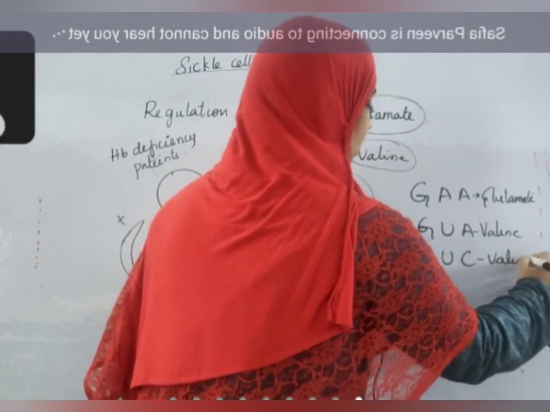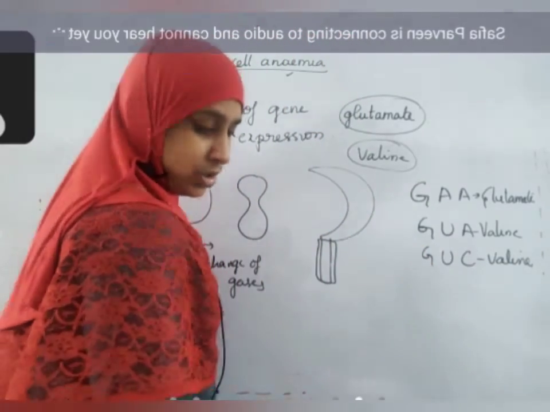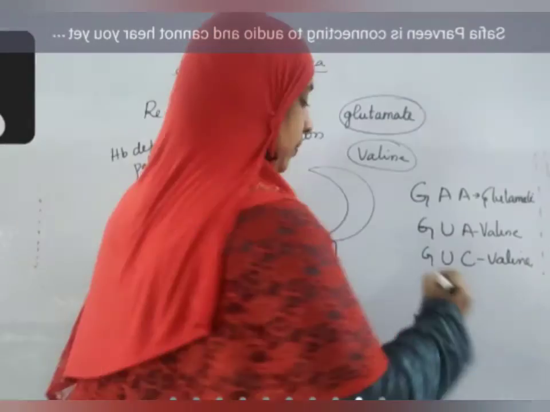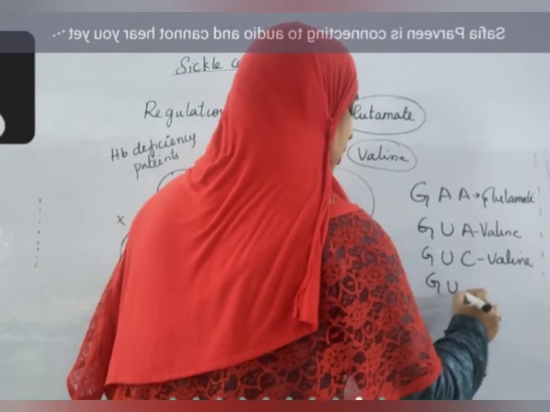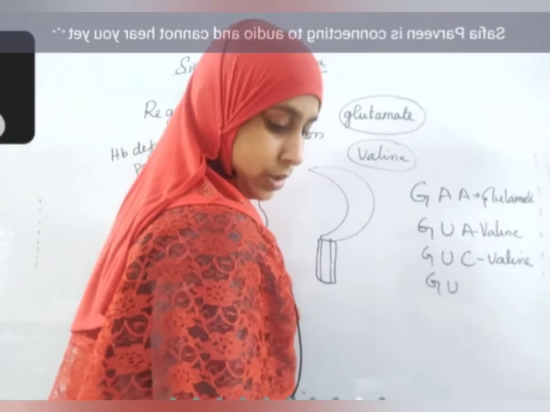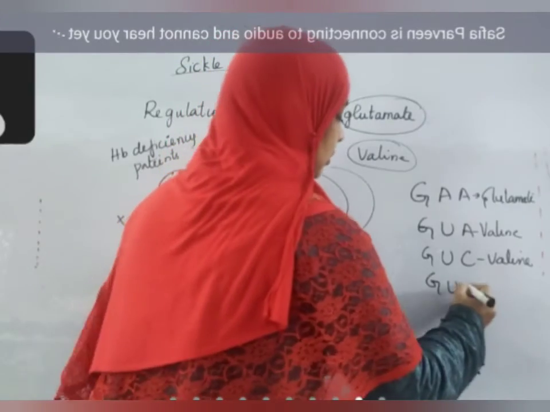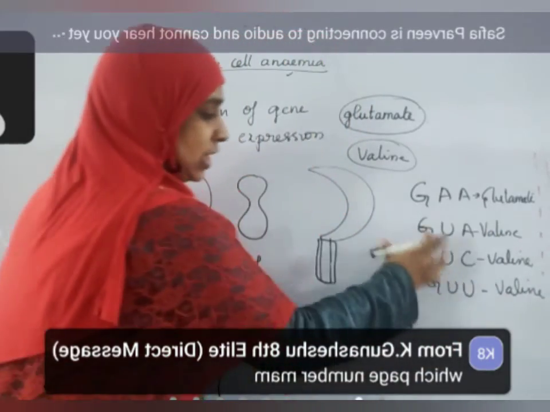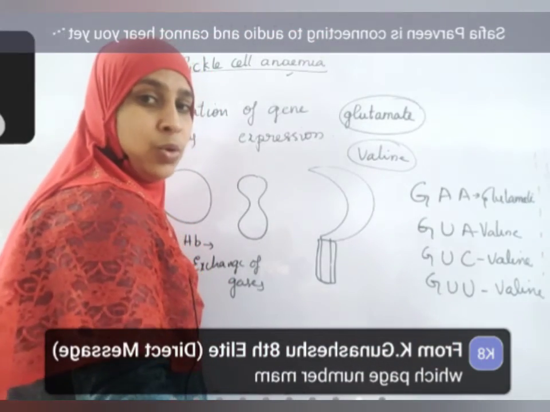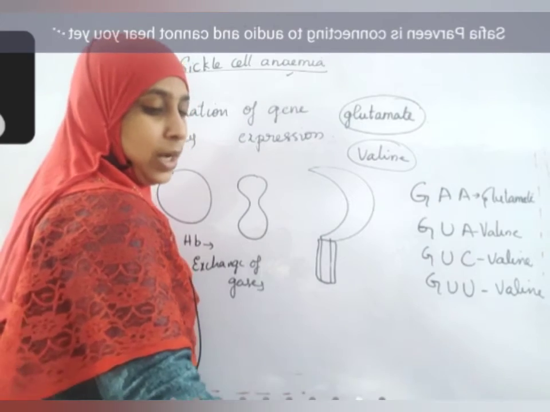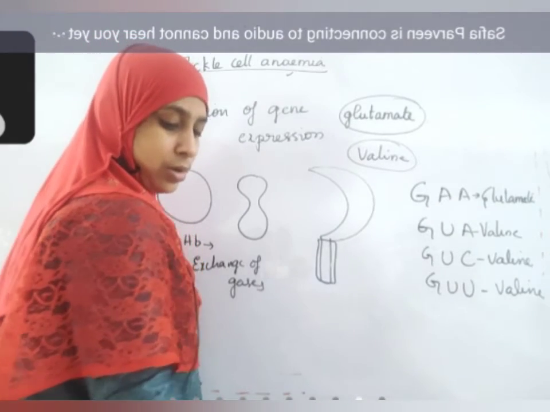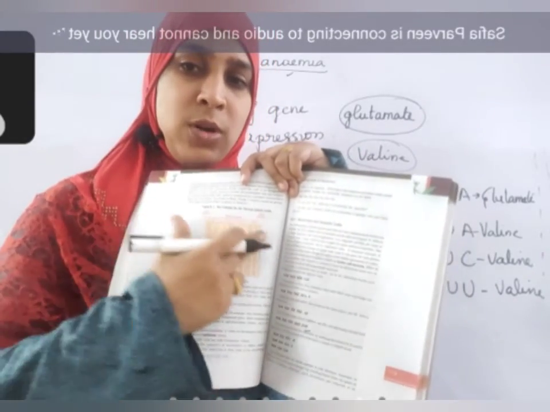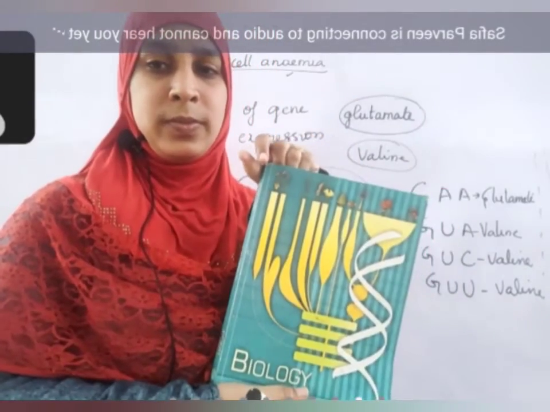It leads to valine, which means two nucleotides are changing. GUU is also valine only. So you see the change is very small, but it leads to a total change. The table on page 112 of the book has this code in this small box.